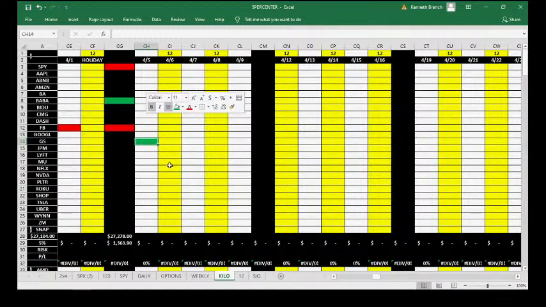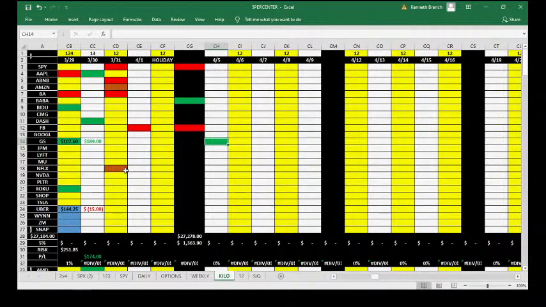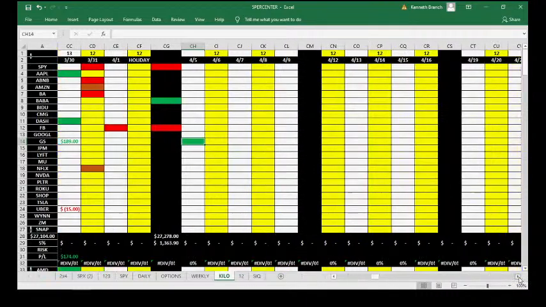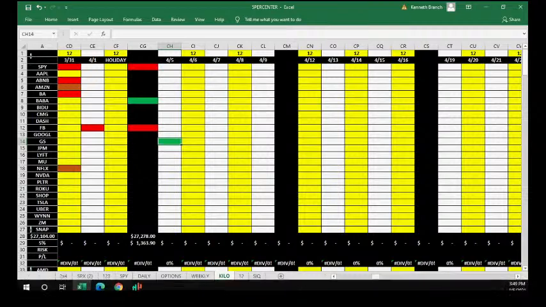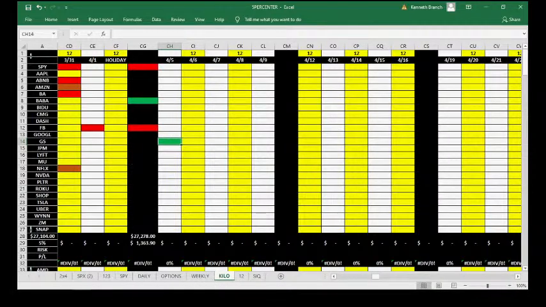If it's just a 2-day, it'll be like an orange bar for a sell on the 2-day, or one of these turquoise blue bars. So I'll put the Goldman Sachs there, green bar.